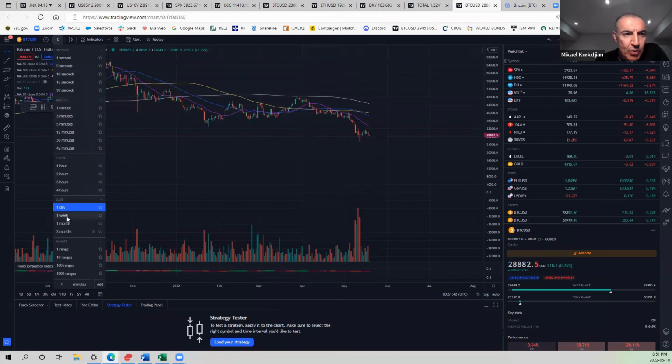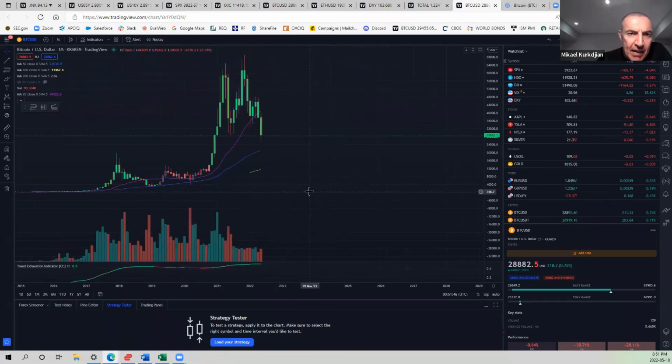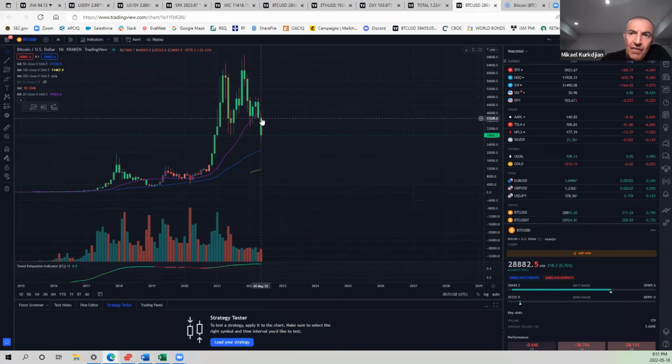If I put this back to the monthly chart, as the month of May opened, Bitcoin's price was around $37,000, and right now we are around $28,000 approximately.